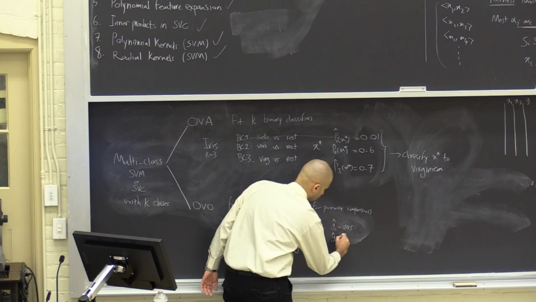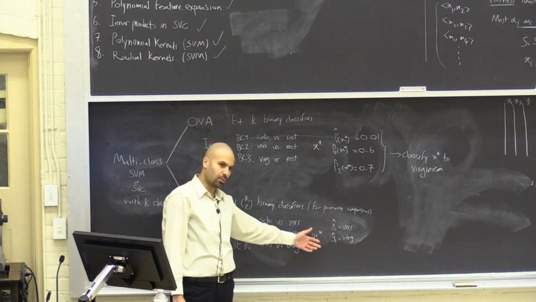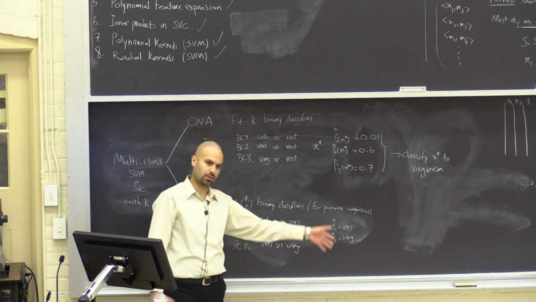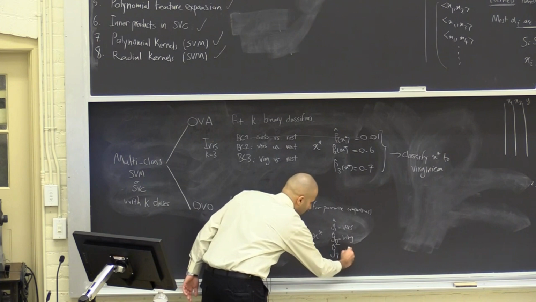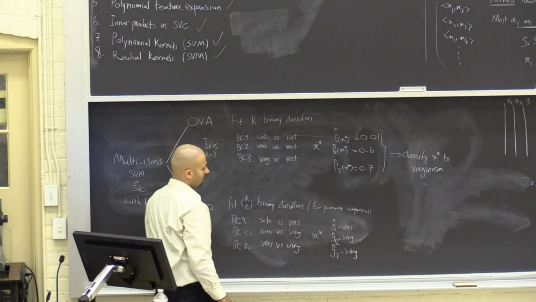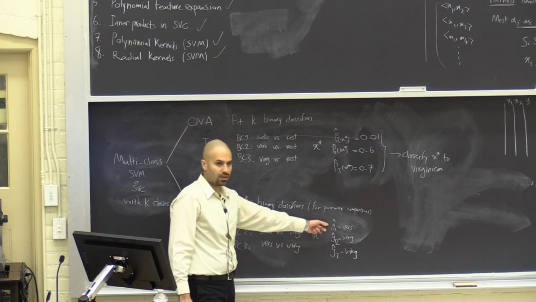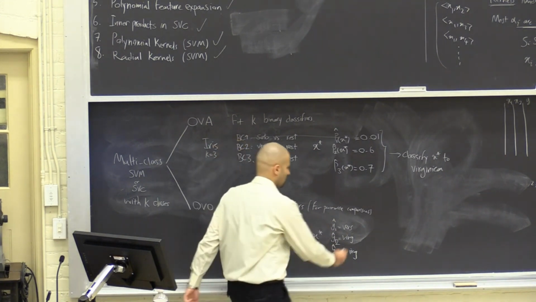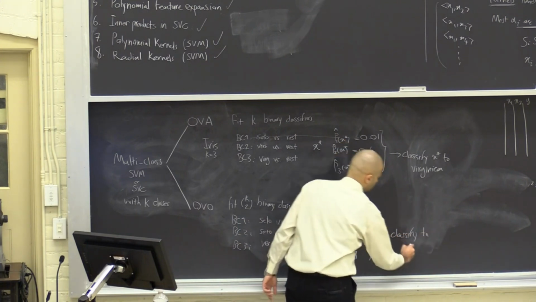For this one, the estimated class is Virginica. This is just because the sample didn't have those specific features of Setosa, because Setosa was totally different. And based on this last one, we see Virginica. So you can see that Setosa won none of these competitions. Versicolor won one of them, and Virginica won 2 of these competitions. So we classify X star to Virginica.